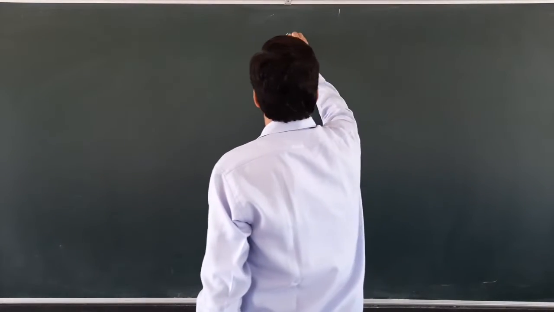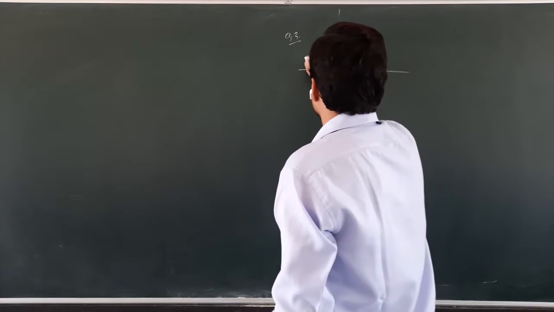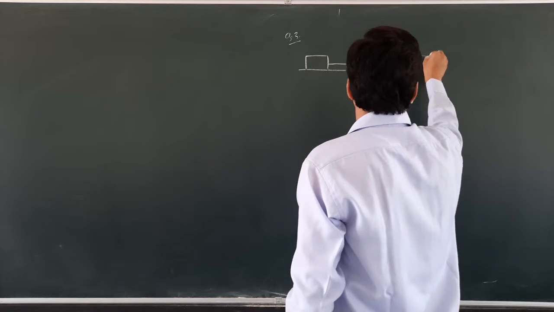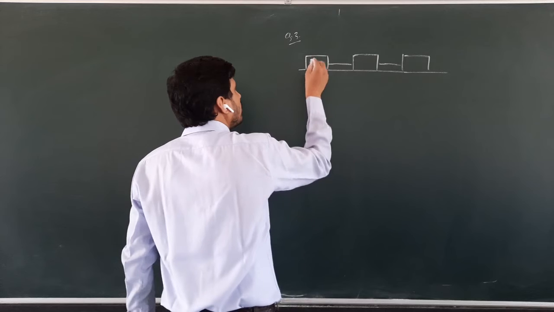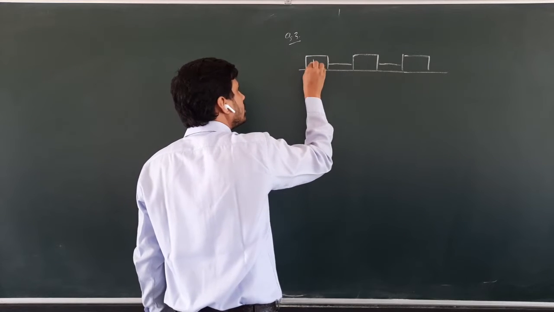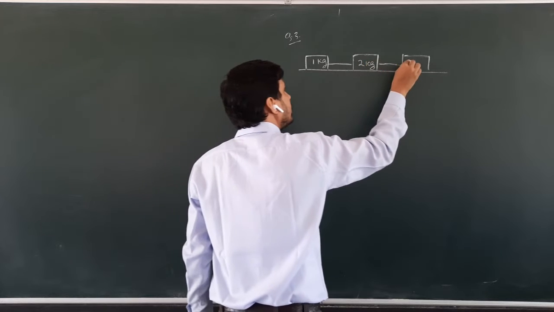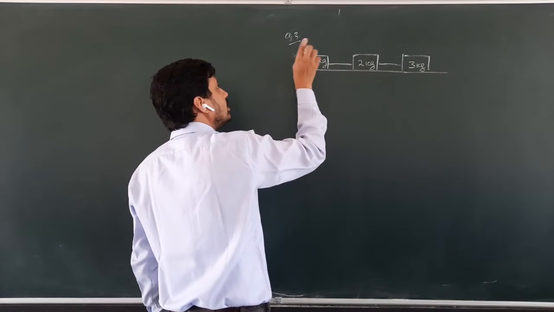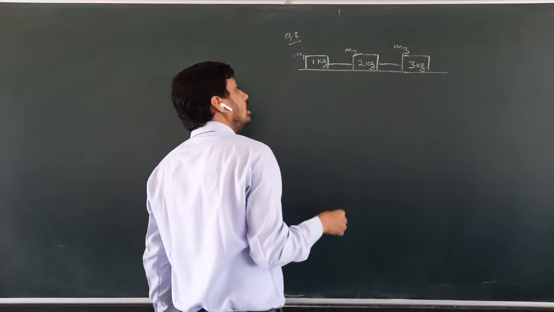Next question. Question number 3. Suppose this is a smooth surface and there are 3 masses of, suppose, 1 kg, 2 kg and 3 kg. Let me name them as M1, M2 and M3.